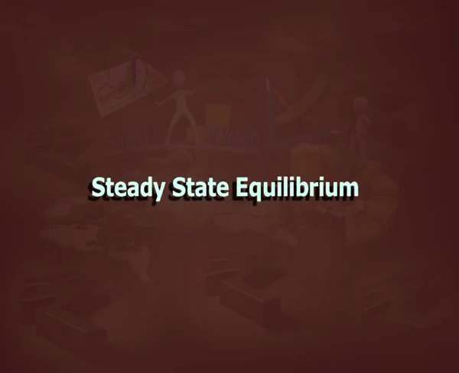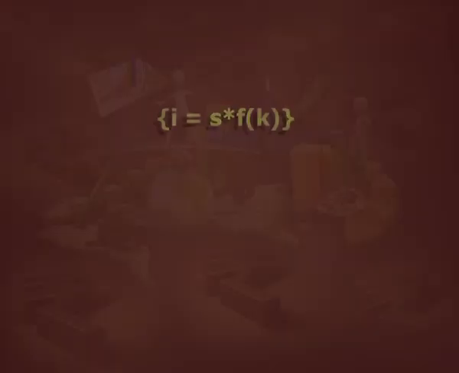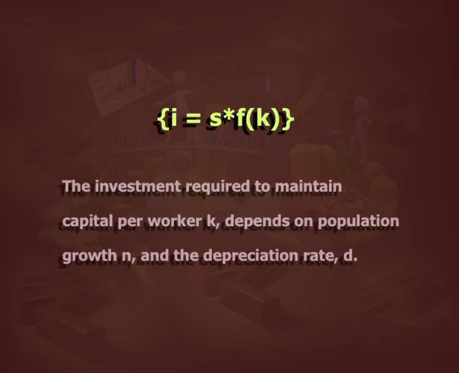Now, we will study steady state equilibrium. By substituting f(k) for y, the investment per worker function i equals s times y becomes a function of capital per worker, that is i equals s times f(k). The investment required to maintain capital per worker k depends on population growth n and the depreciation rate d.